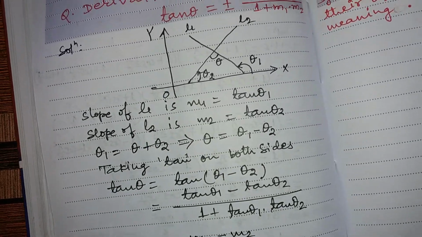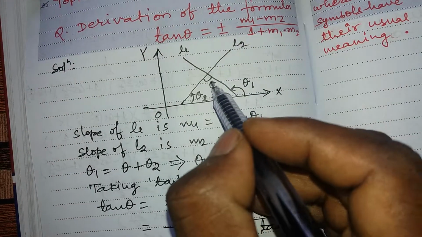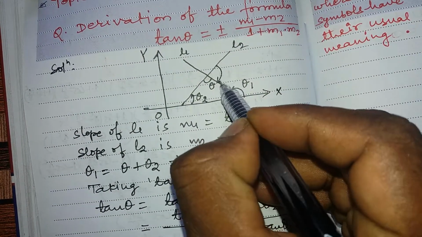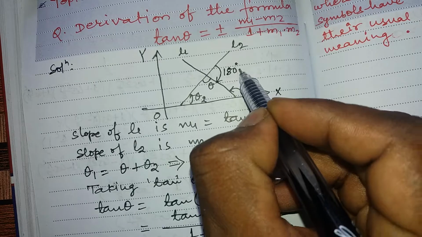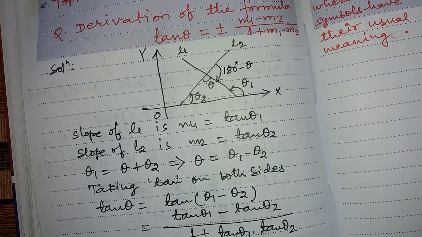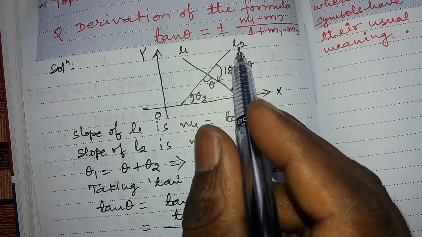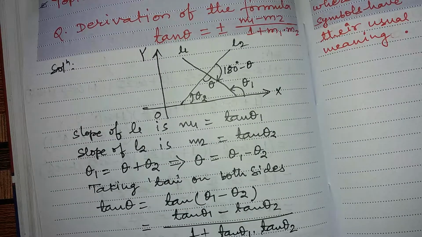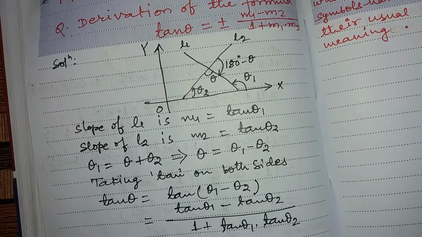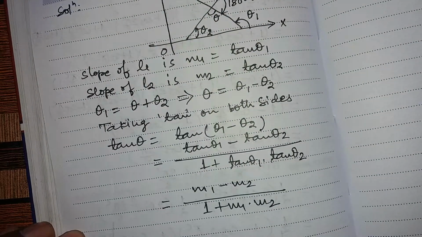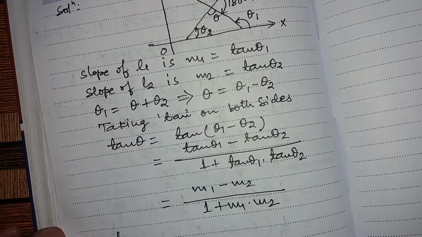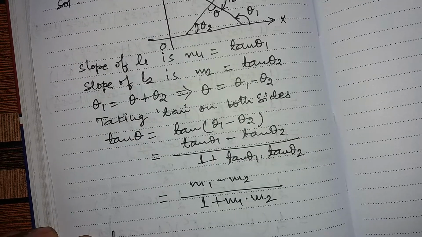Looking at this figure, this is theta, and this is 180 degrees minus theta. This is also an angle between the straight lines L1 and L2. So in place of theta, if we write 180 minus theta, what result will come?